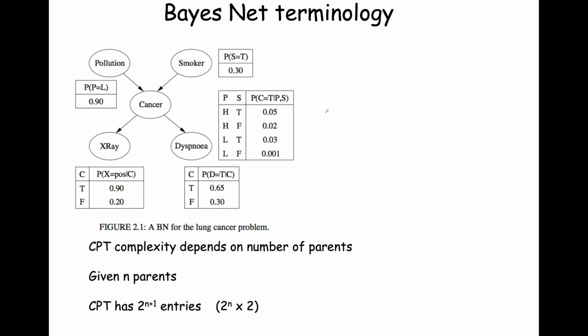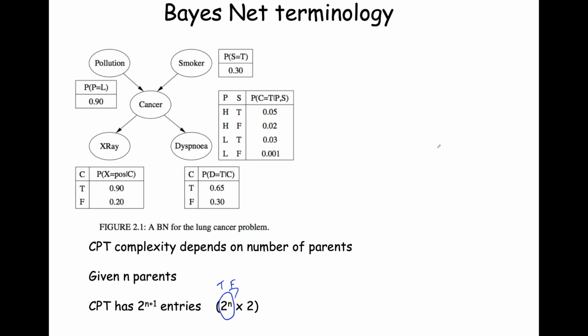So assuming binary, you're going to have 2 to the n plus 1 entries. What does that mean? Well, you have 2 to the n for the true alternative, and another for the false alternative, so that's the extra 2. So you have a total of 2 to the n plus 1 entries in your conditional probability table.